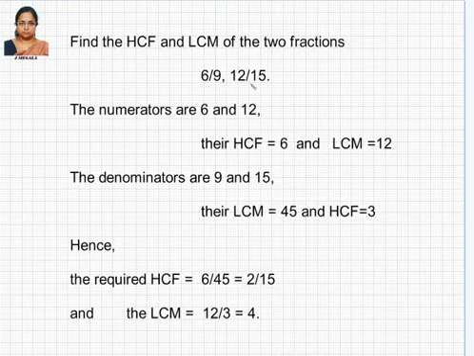For the denominators 9 and 15, the LCM is 45 and the HCF is 3. Hence the HCF is the HCF of the numerators, 6, over the LCM of the denominators, 45, which is 2 by 15. Similarly, for LCM, the LCM of the numerators, which is 12, divided by the HCF of the denominators, which is 3. So 12 by 3 is 4.